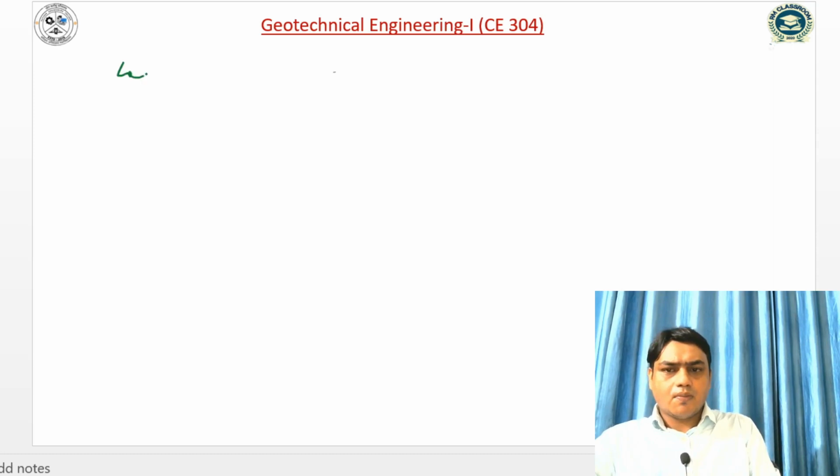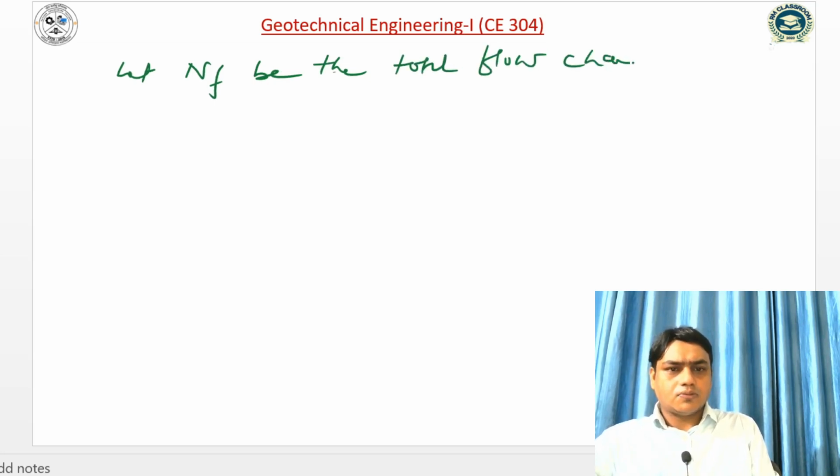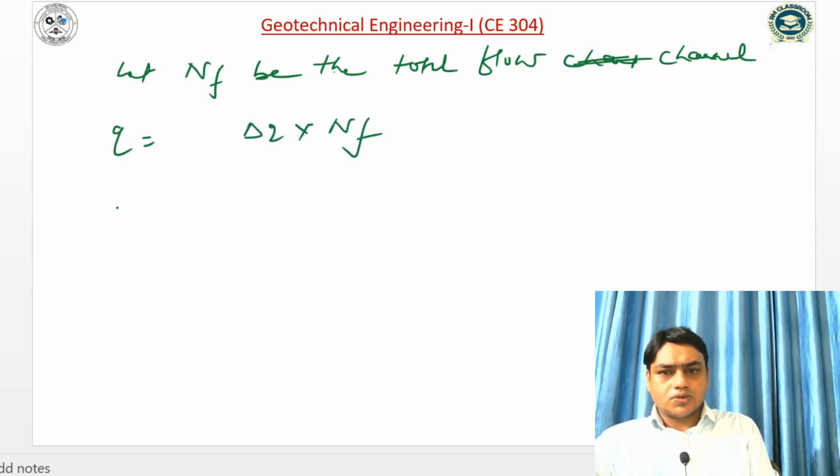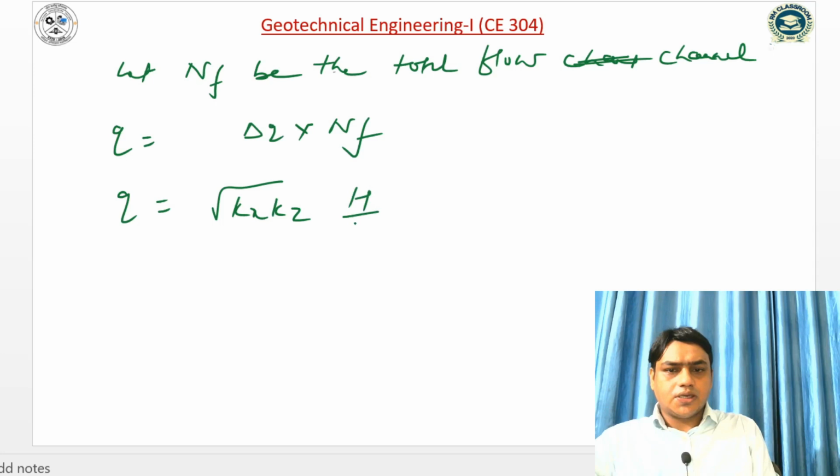Let nf be the total number of flow channels, so q is equal to delta q into nf. We can see delta q is the square root of kx kz into h by nd, so q is the square root of kx into kz, into h by nd, into nf.